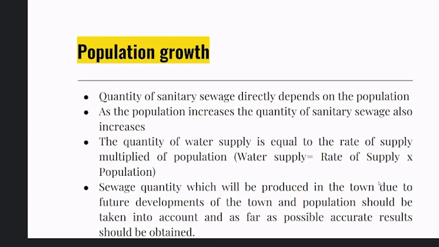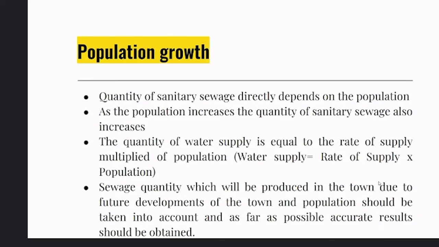So, gaya nga sa equation natin, water supply equals to rate of supply times population. Kung may 10 pamilya na nag-occupy sa isang community, then yung water supply natin is times 10 din dapat, hindi lang times 1. So kung 20 naman, times 20, and so on and so forth.